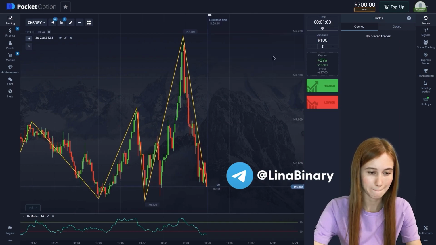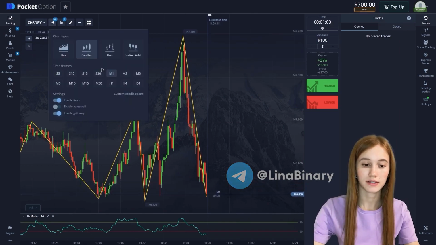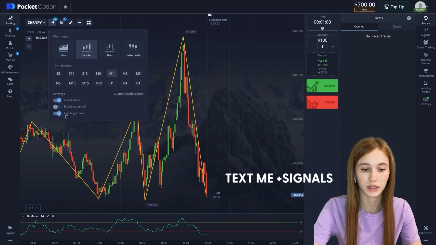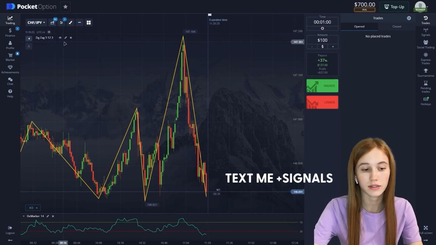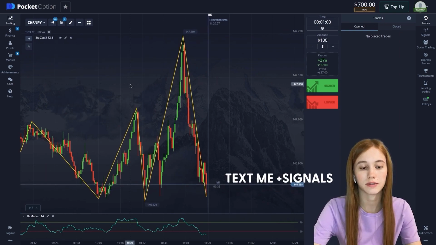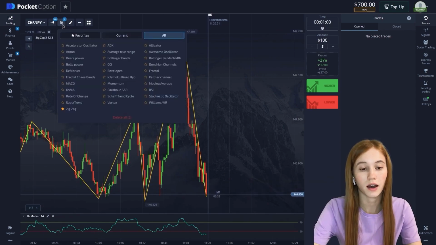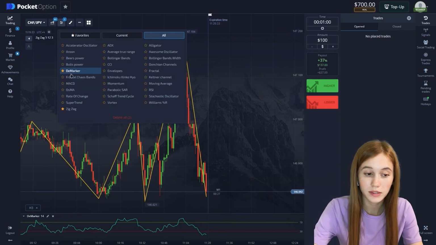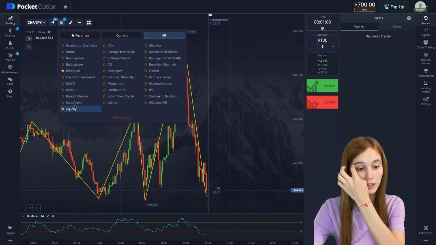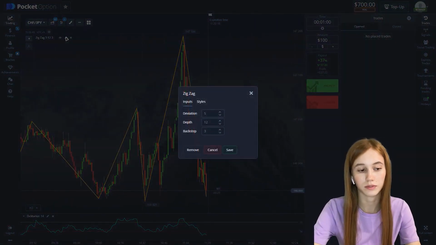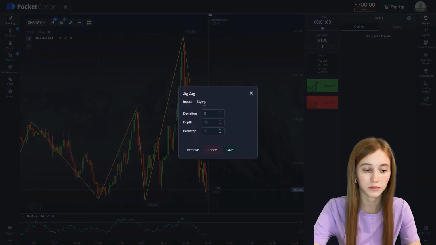So let me show you the zigzag settings, here are the settings for anyone who needs to copy them. In general, this indicator operates on a simple principle. It highlights the highest and lowest points of the chart and directly connects them with lines, ignoring such small fluctuations as here.